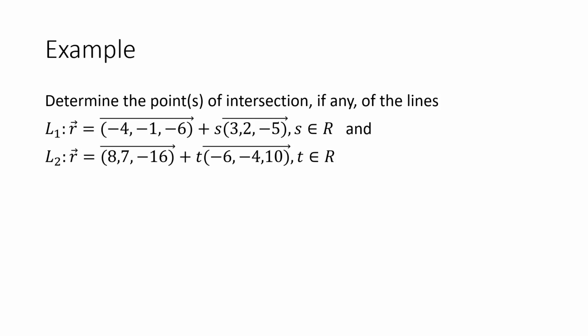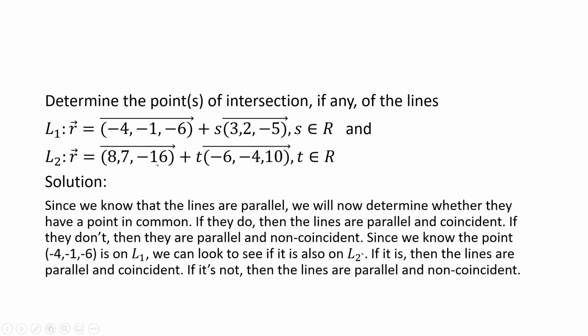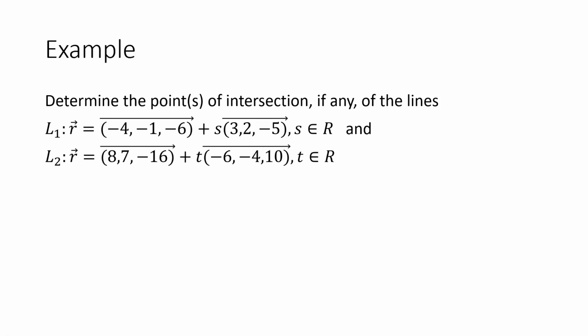For our last example, we're going to determine the point of intersection of these two lines and see if there is such a point of intersection. These numbers are very similar to the last one. In fact, the only difference is that instead of the z component of the position vector of line 2 being negative 26, in this question the z component is negative 16.